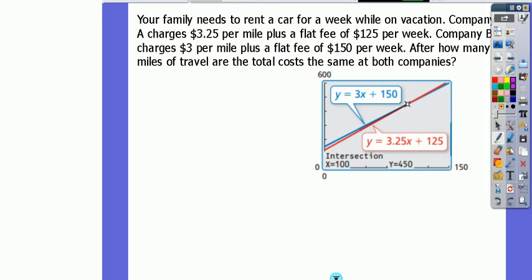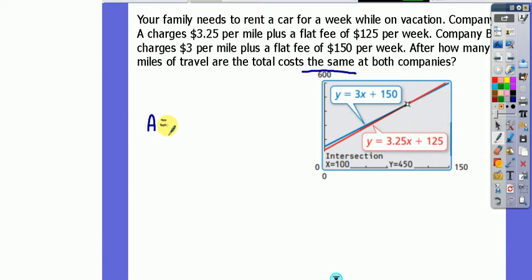When you see in a word problem where it asks you, when are they the same? When are they equal? When are they equivalent? Any of those words that mean equal, then you're going to set up two equations that are equal to each other and solve. So what is the equation for company A?